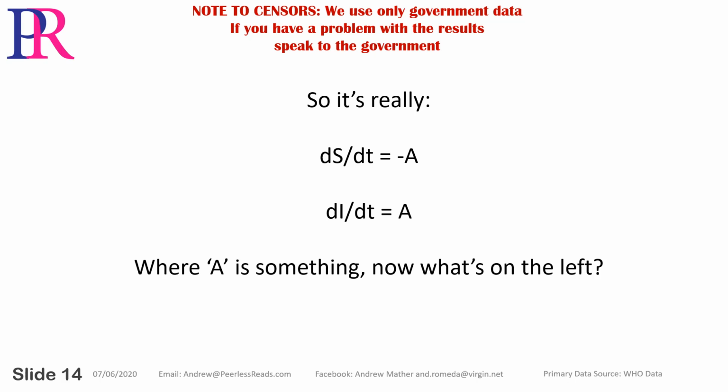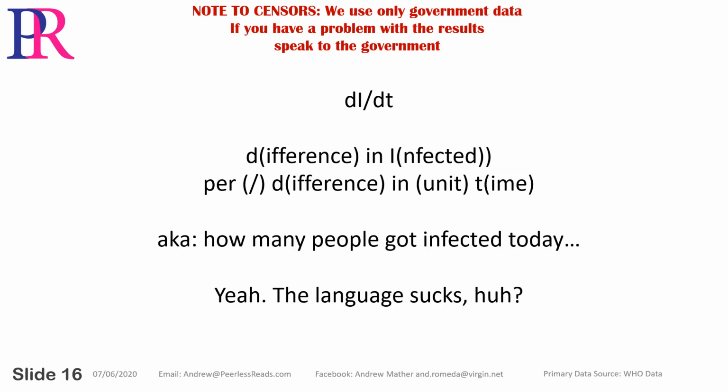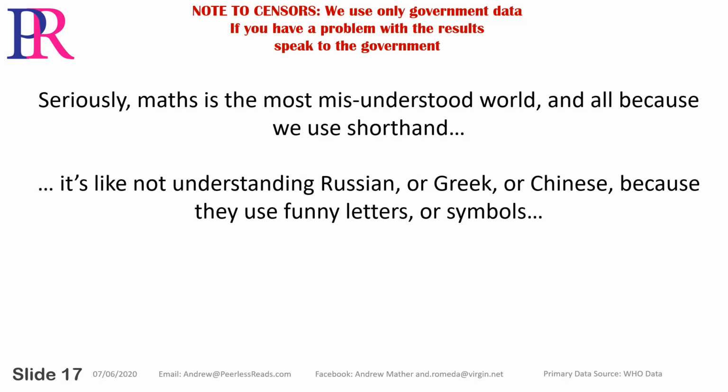Now what's on the left? dS by dt, difference in susceptible, aka uninfected, per difference in unit time, aka how many people are no longer susceptible today because they got infected. Why couldn't they just say that? Well, dI by dt, difference in infected per difference in unit time, aka how many people got infected today. Yeah, the language sucks, yeah?